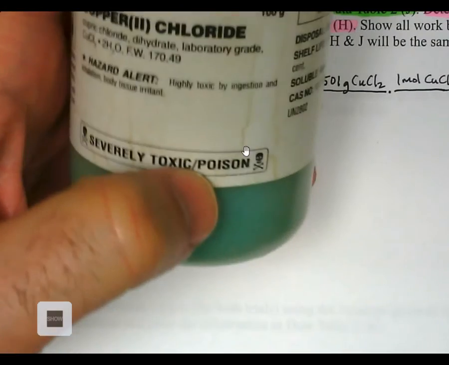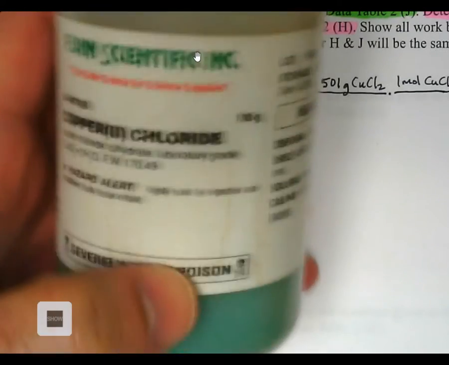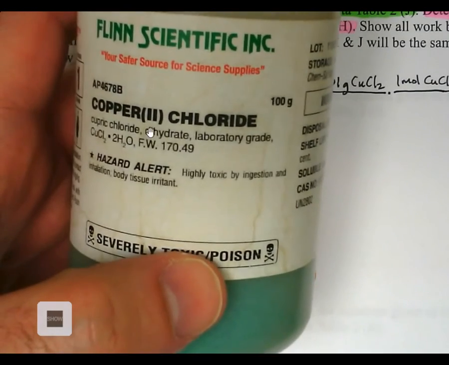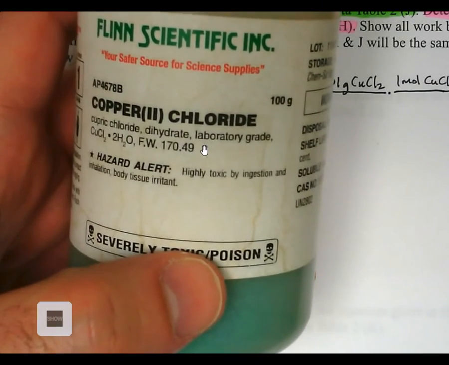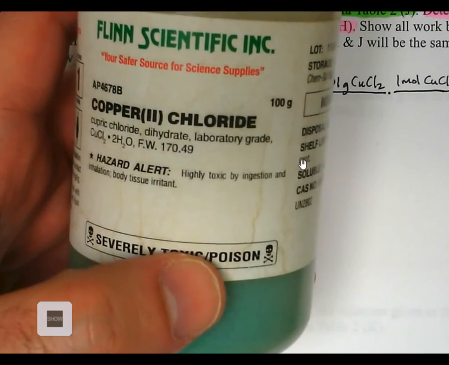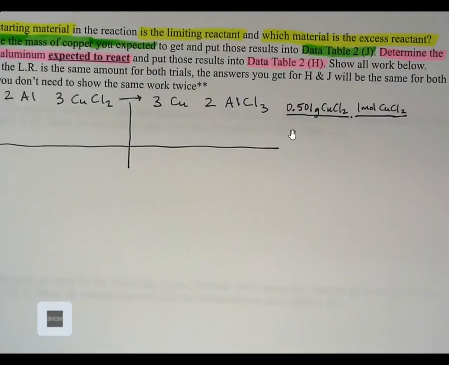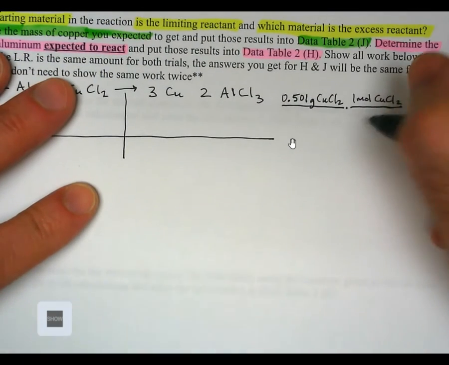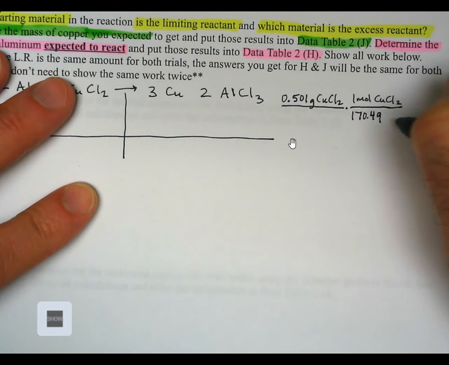Luckily, I'm giving it to you. It's this thing right here, the formula weight, that's the grams per mole. So on the bottom of this conversion, you're going to put 170.49 for the grams of CuCl2.